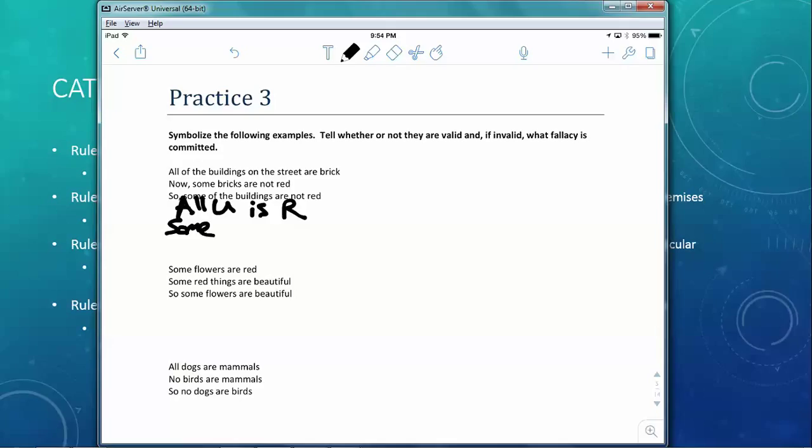Some R is not E. I should have saved R, but sadly I didn't. Therefore, some U is not E. All right, let's go through our rules. All U is R, some R is not E, therefore some U is not E.